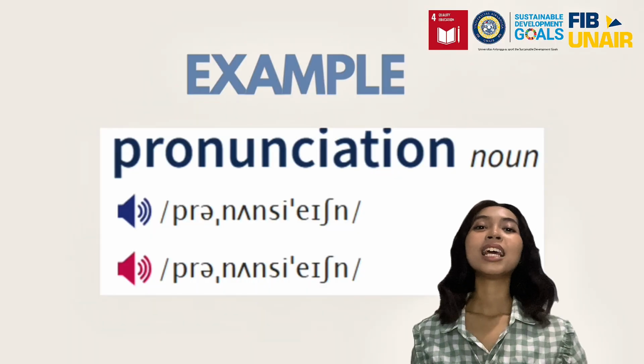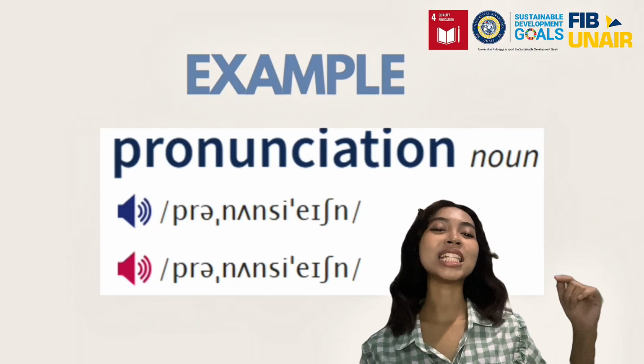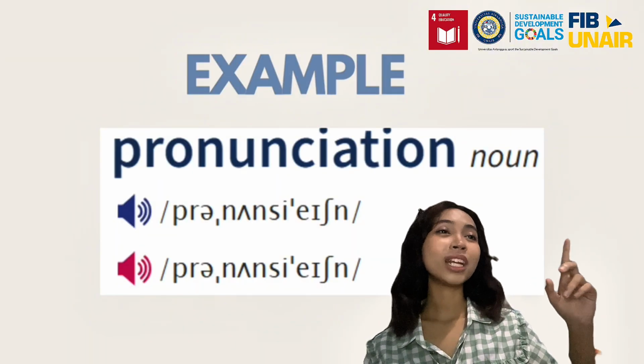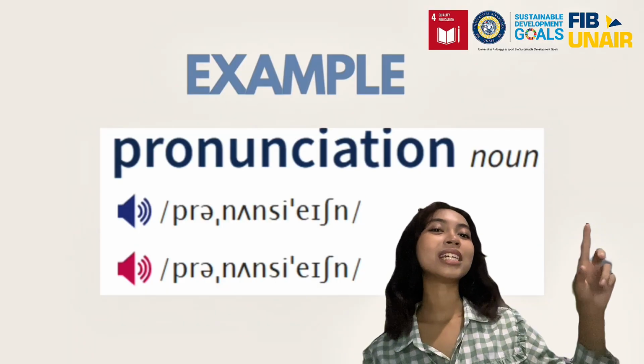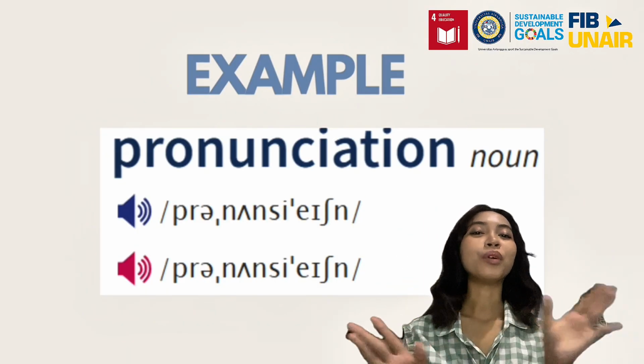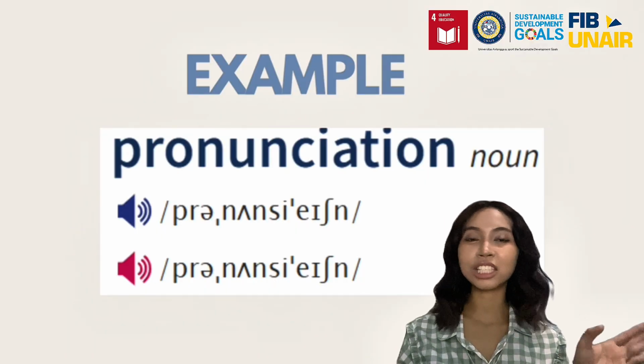You see that the tick in the below is the secondary stress, and the one at the top is the primary stress, and the other syllable that has no mark is the unstressed syllable.